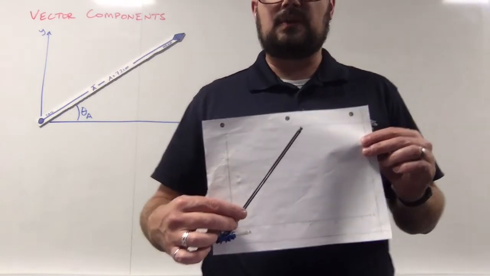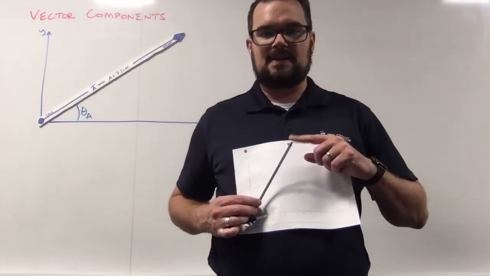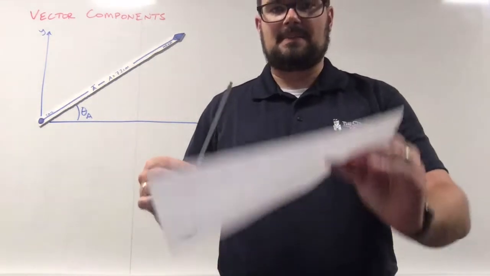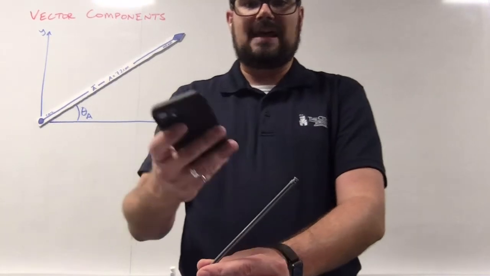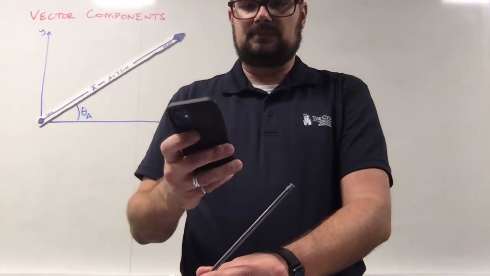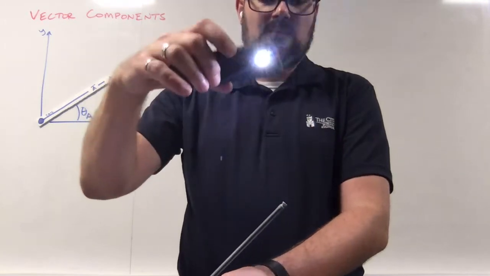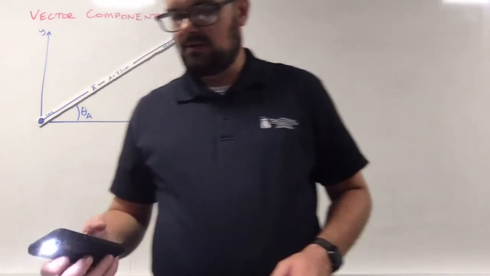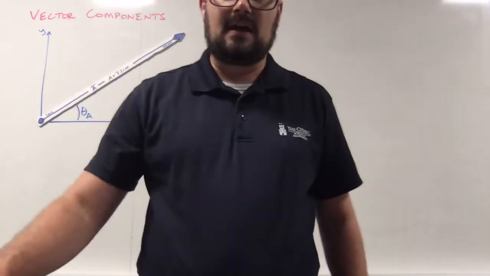And then what we want to do is project or cast a shadow from the tip of the vector down to the x-axis. A way we might model that mentally is if we lay this down horizontally, we might use a light source like our cell phone to shine a light and cast a shadow that would run vertically down to the x-axis, and then do the same thing on the y-axis.